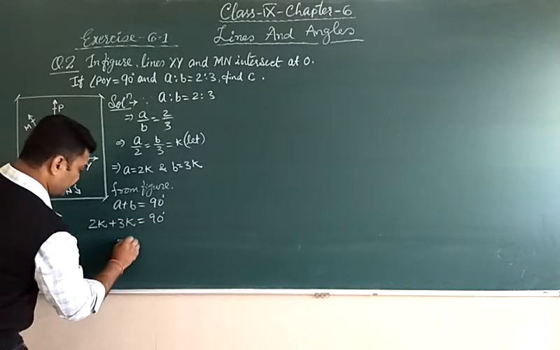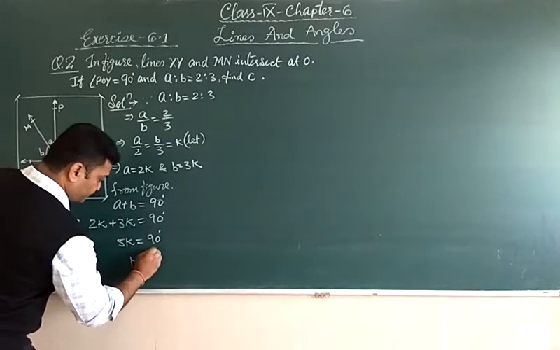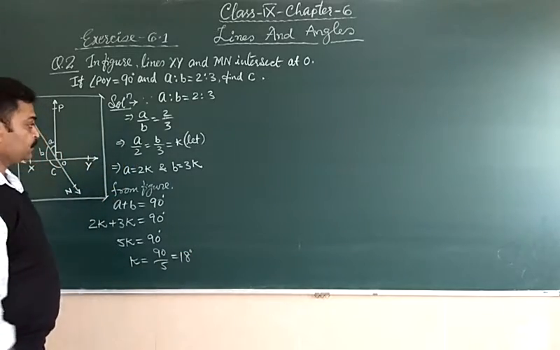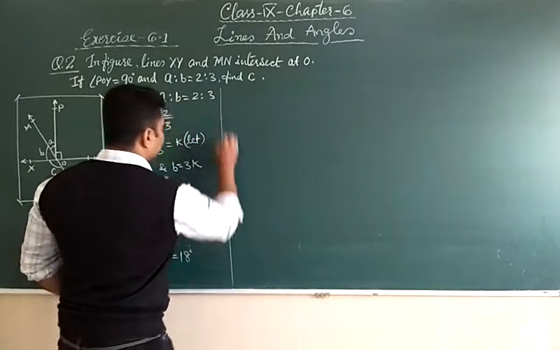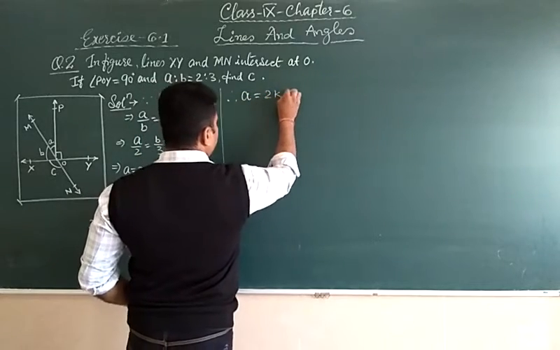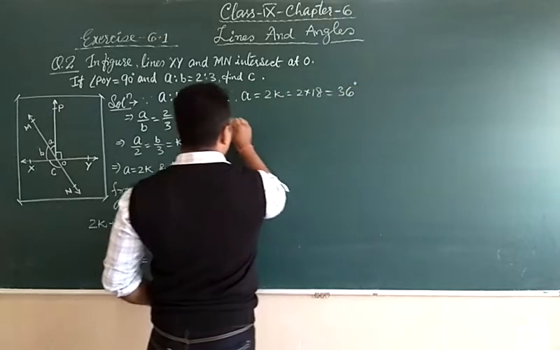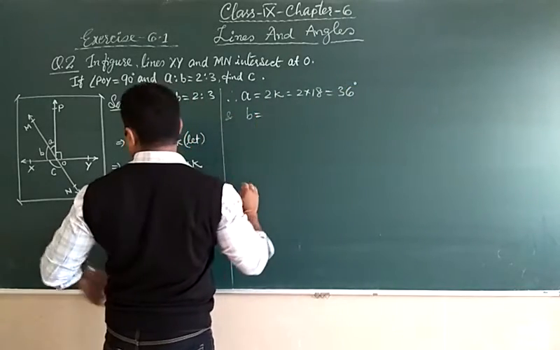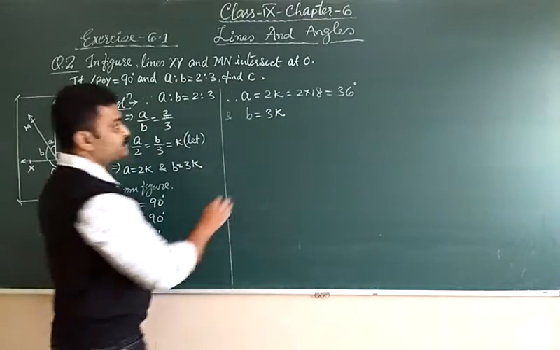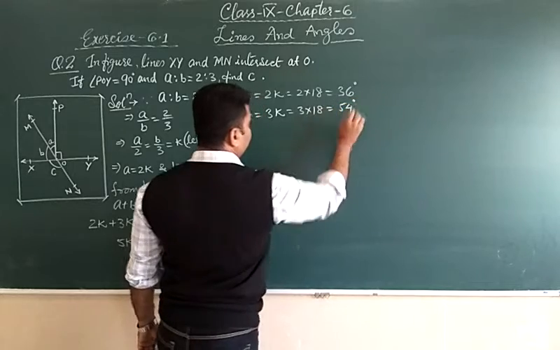That means 5K is equal to 90 degree, or K is equal to 90 upon 5 is equal to 18 degree. So therefore A is equal to 2K is equal to 2 into 18 is equal to 36 degree, and B is equal to 3K, that means 3 into 18 is equal to 54 degree.